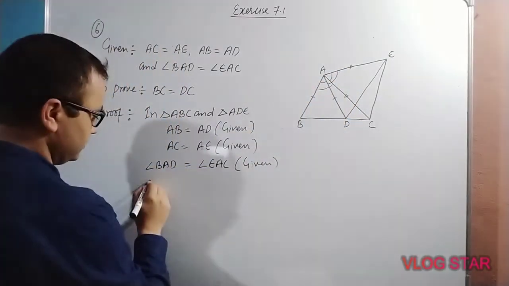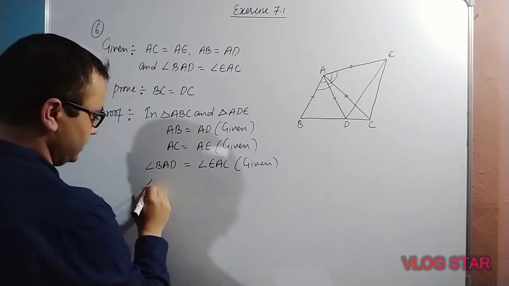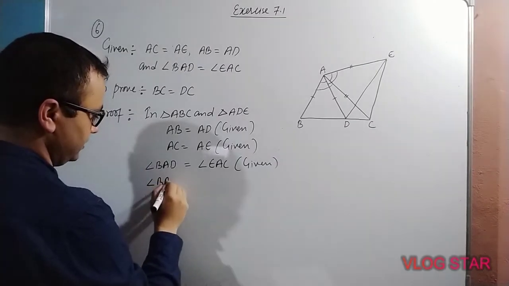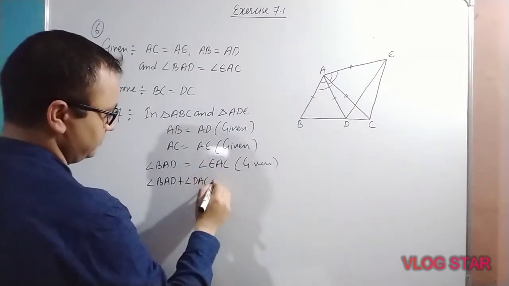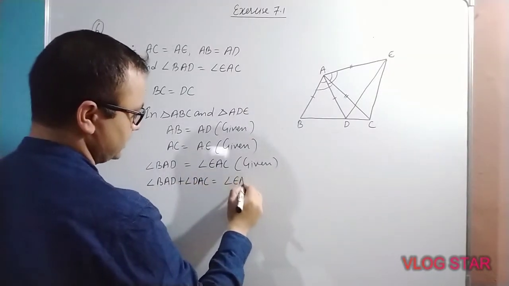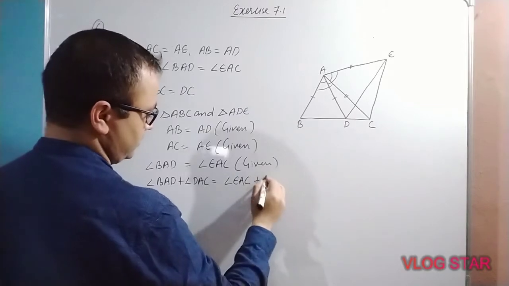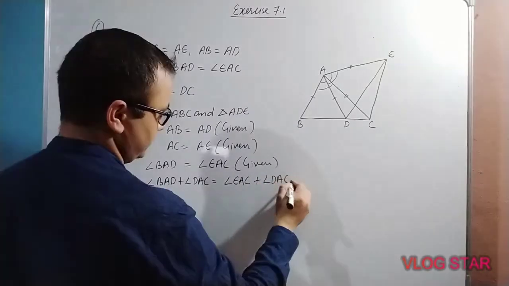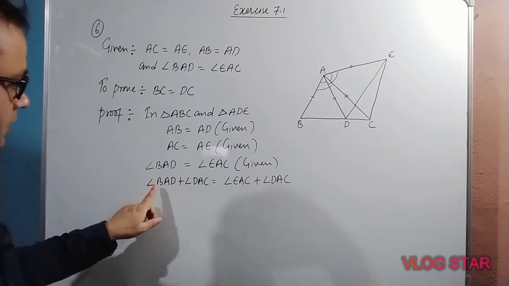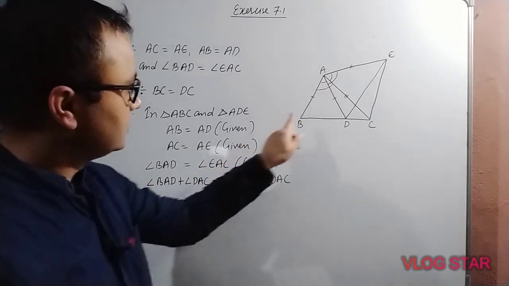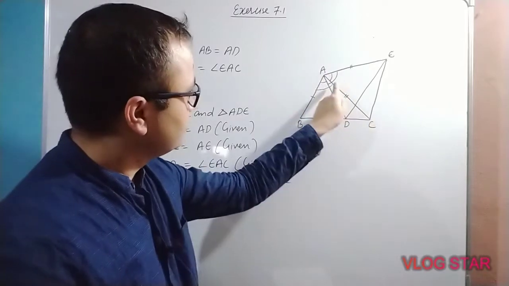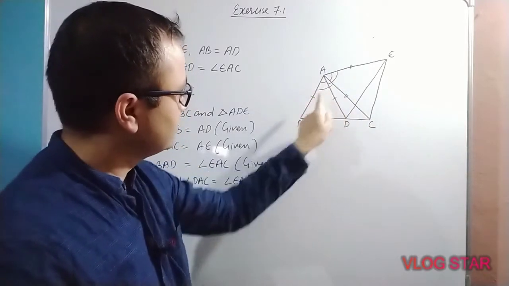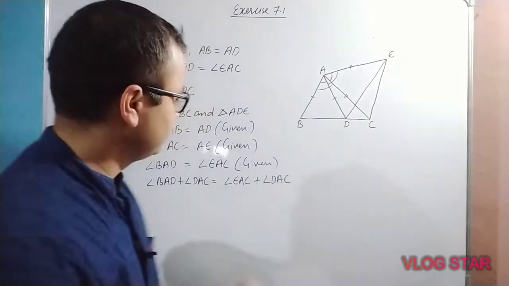Now adding DAC on both sides: angle BAD plus angle DAC equals angle EAC plus angle DAC. BAD plus DAC gives angle BAC.